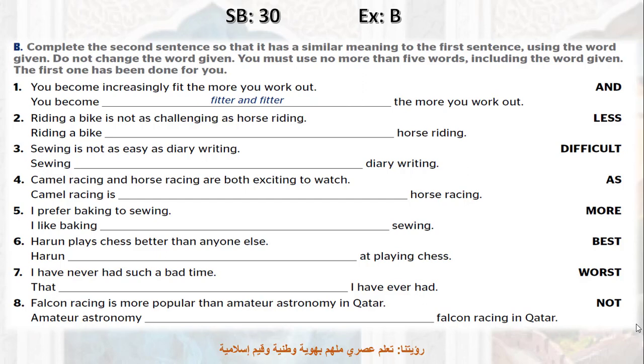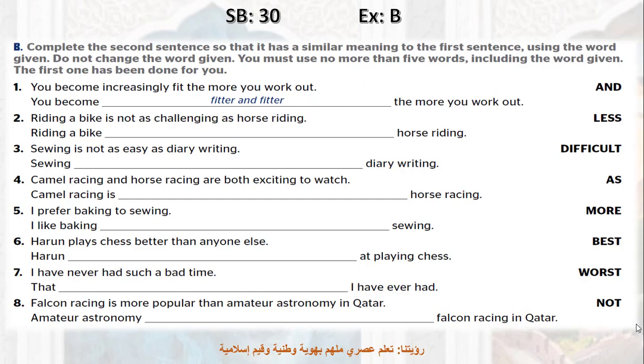The first one has been done for you. Number 1, you become increasingly fit: the more you work out, the fitter and fitter you become. Then you can answer the rest.